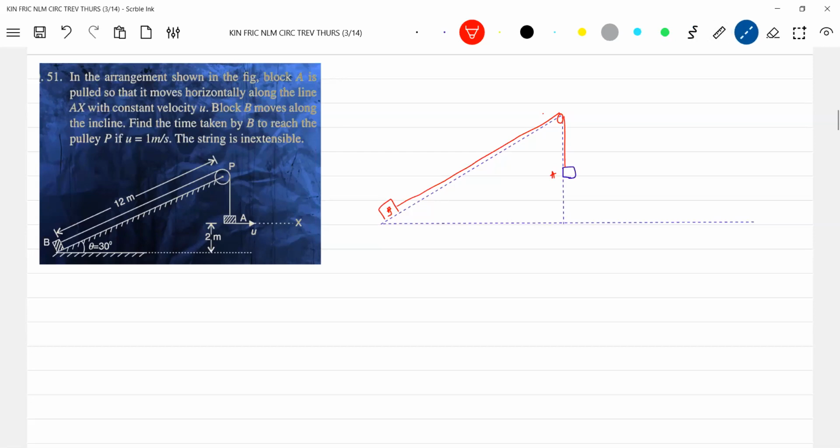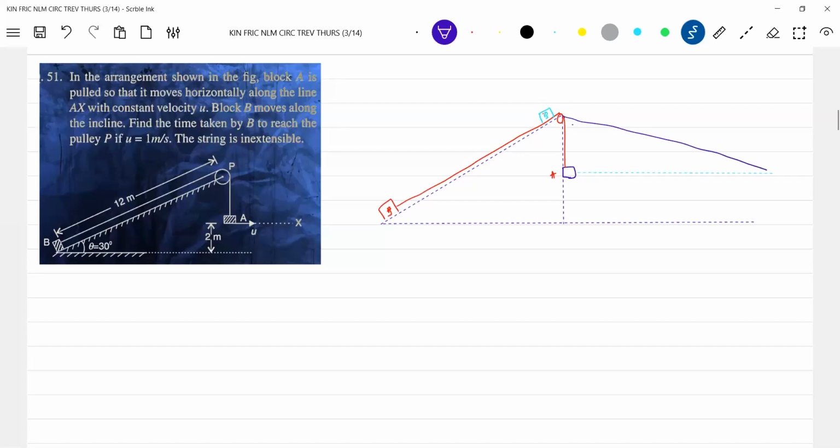So by the time the block reaches here, what is the time taken for it? How is this moved? This is moved horizontally, so how do you expect the rope to be? It should be like this, or some other way, because block B is moved horizontally.